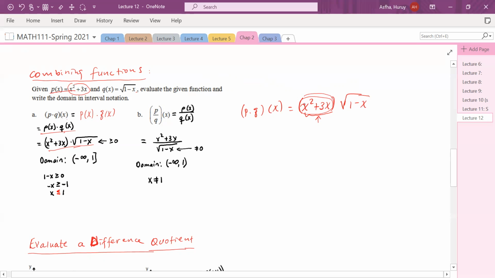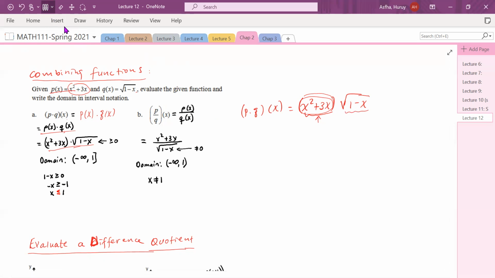If I choose an input and the output is a real number, then I can put that input in the domain. But if the output is not a real number, then the value I choose for x should be excluded. For the first part, we don't have any problem, but for the square root, we do.